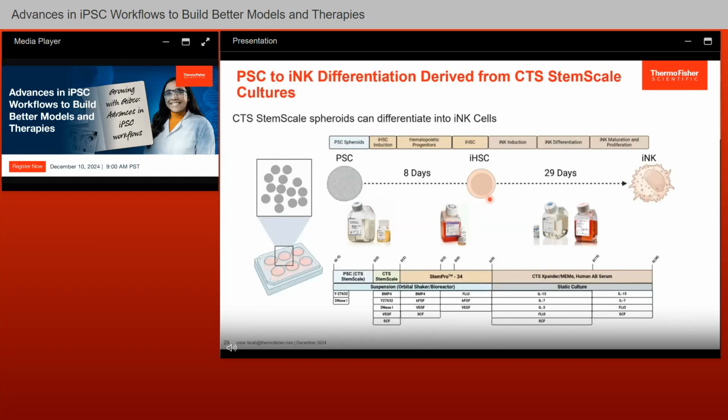And then following that, we will further specify these hemopoietic progenitor cells into a lymphoid and eventually a natural killer cell phenotype, again while culturing them in our CTS NK expander media, supplemented by MEM alpha and human AB serum, along with specific cytokines and growth factors that we know are going to help push the cells to that particular iNK state.